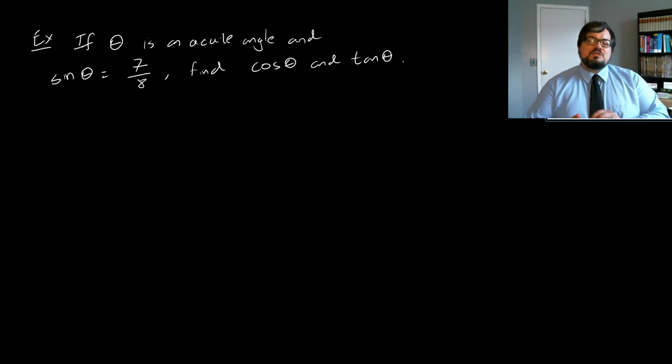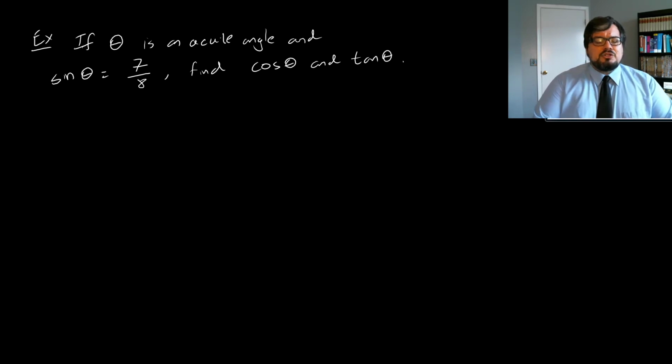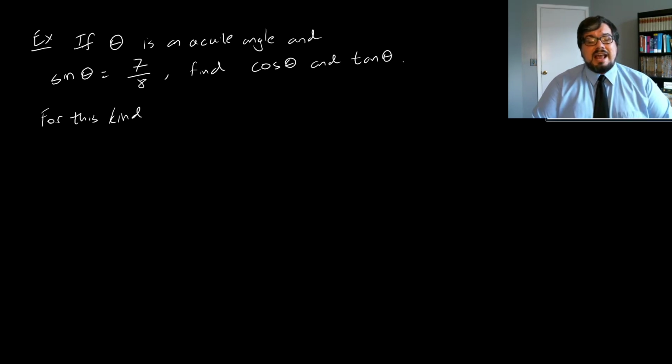So in this case, we aren't given a triangle to work with, just an angle. But here's where we can take advantage of the similarity that we've been talking about the whole time. When you're just given an angle, we can construct any triangle we want that has the properties given.